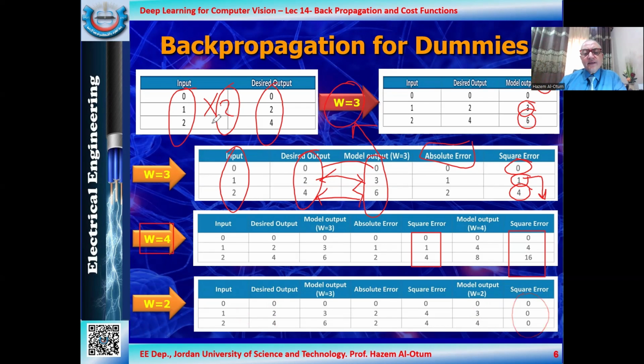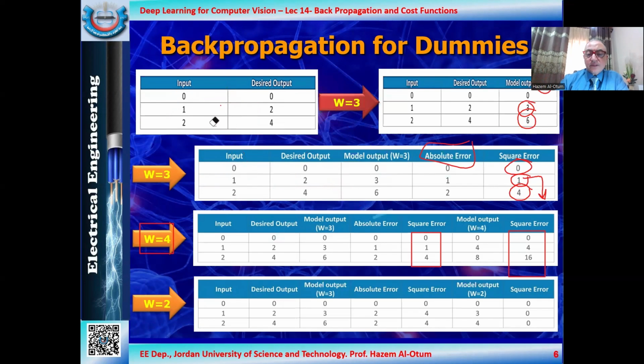Of course, this is not the case in real applications, with an error this pretty. However, as we entitled this presentation slide, it is back propagation for dummies. This is why we selected a very simple example.